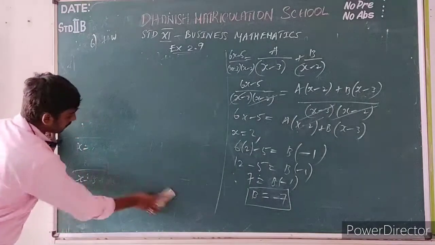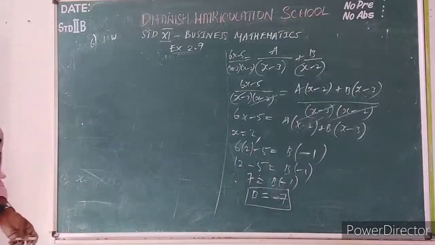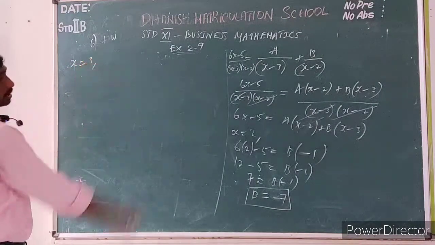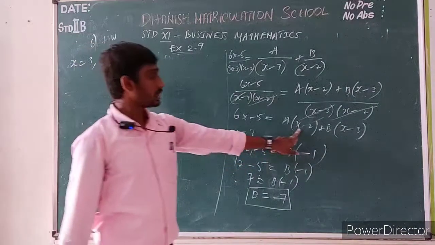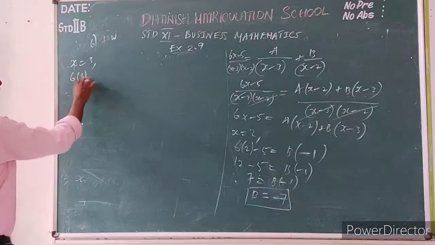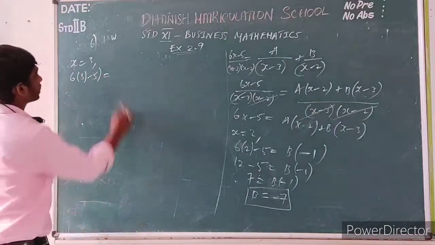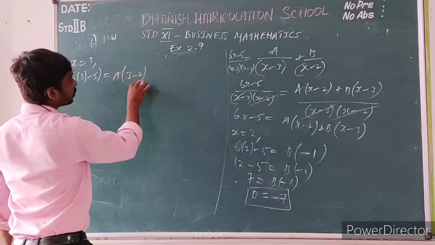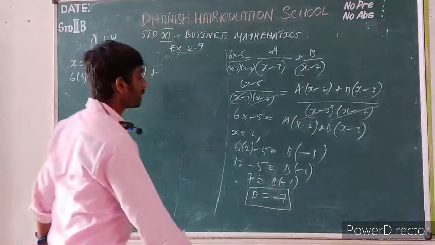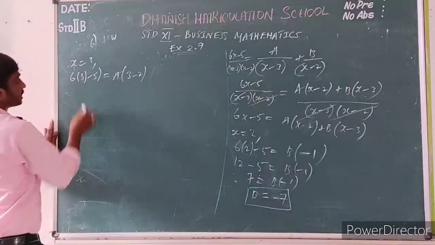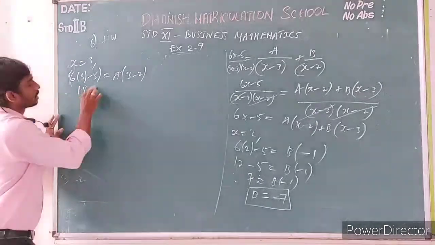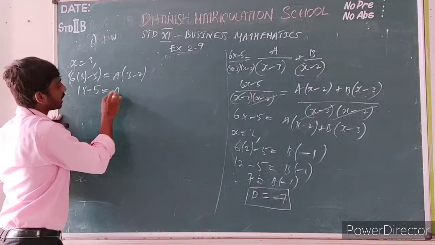Now we are going to get the a value. I am going to substitute x equals 3 in this equation. Here we get 6 into 3 minus 5 equals a into (3 minus 2), and the b term is cancelled totally because 3 minus 3 is 0. 6 times 3 is 18, so 18 minus 5 equals a into 1.